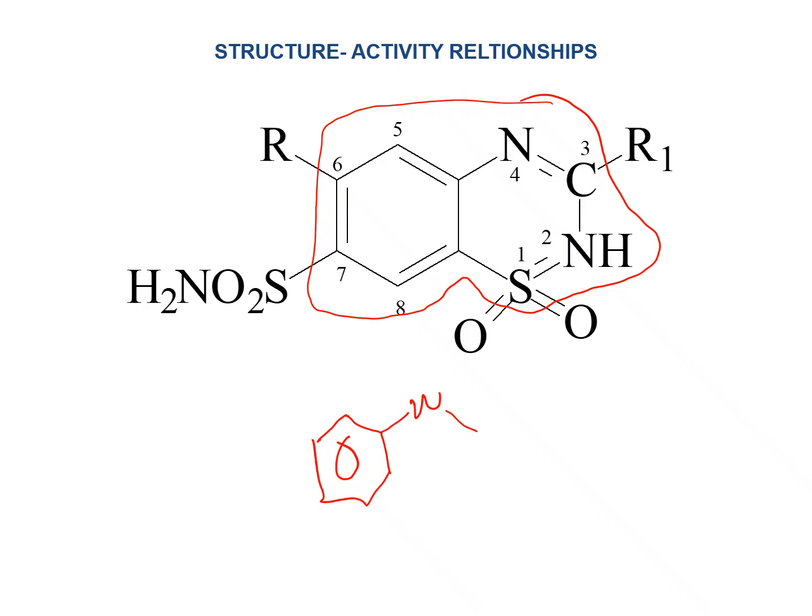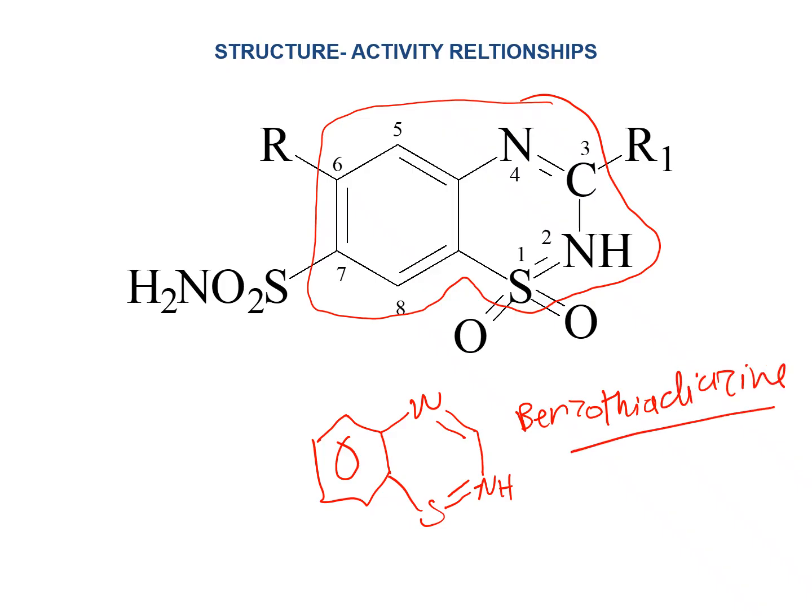So we have a nitrogen, carbon, we have another nitrogen, and then we have a sulfur, and then we have a double bond here. Of course there's a hydrogen here. This structure is called benzothiadiazine. So this is the core structure for all of these various thiazide diuretics.